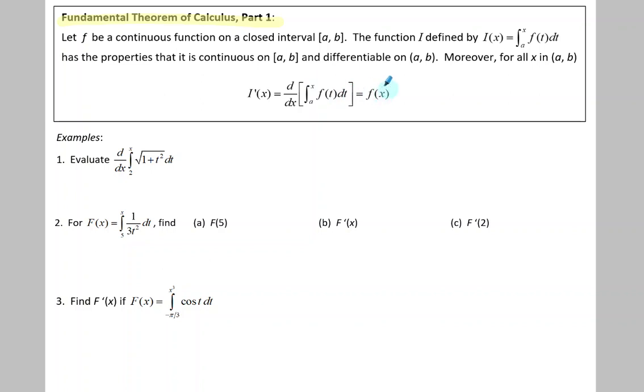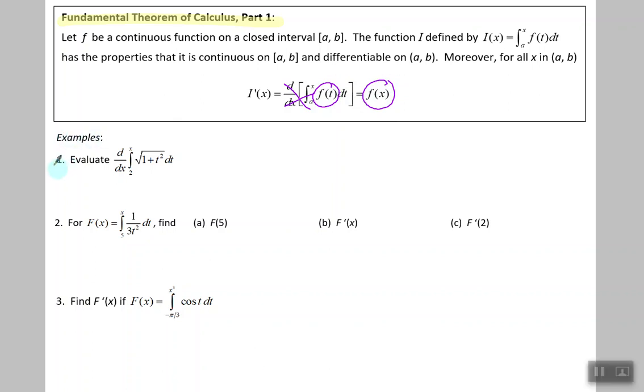Remember that we saw in the introduction to the fundamental theorem of calculus that the derivative and the integral, which we noticed to be the antiderivative, are inverse processes of each other. So taking the derivative of the antiderivative, or the derivative of the integral, cancels out, and we're left with just that function that was the integrand.